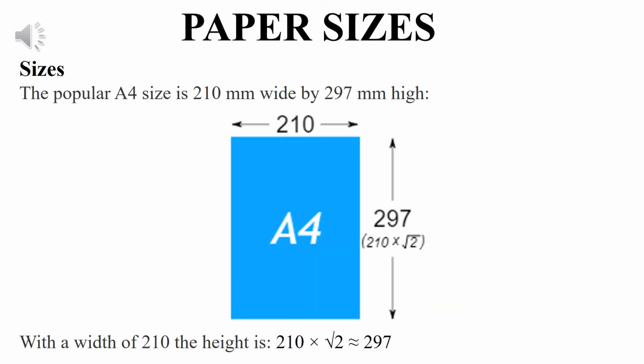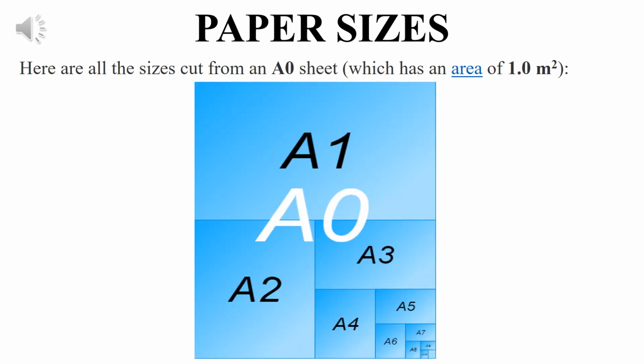The popular A4 size is 210 mm wide by 297 mm high. With a width of 210, the height is 210 times square root of 2, which equals 297. Here are all the sizes cut from an A0 sheet, which has an area of 1 m squared.